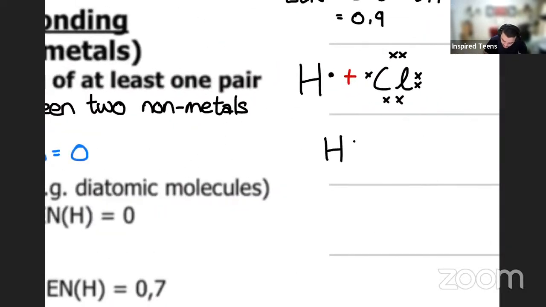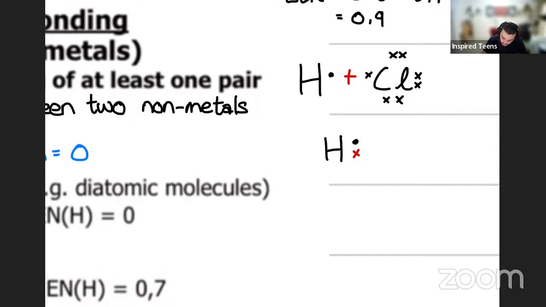So in this case, hydrogen joins up with chlorine. Hydrogen borrows chlorine's 1 valence electron, and chlorine borrows hydrogen's lone electron as well.